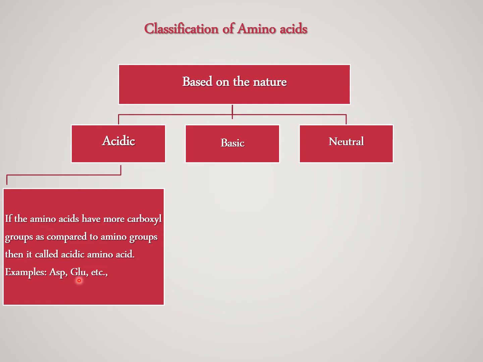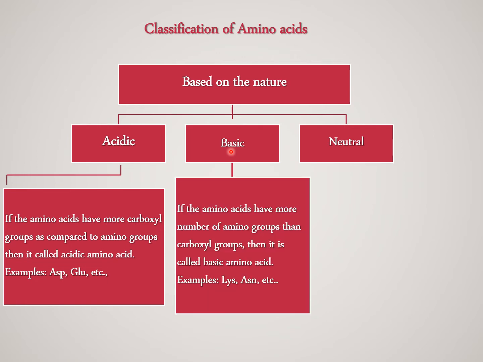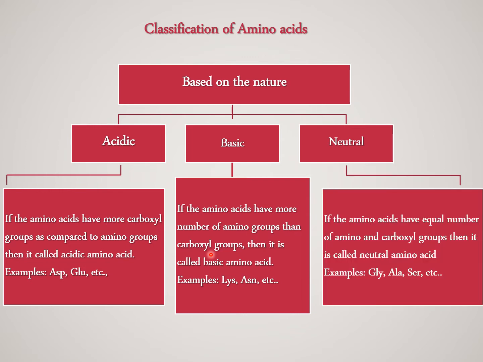Now, if you talk about the next category, basic amino acid, here the amino group should be more in number when compared to the carboxylic group, and hence these compounds are called basic amino acids. For example, lysine.